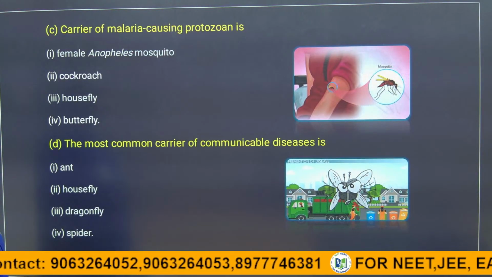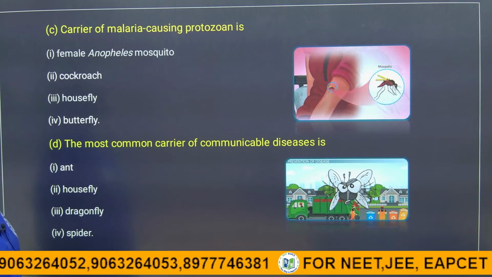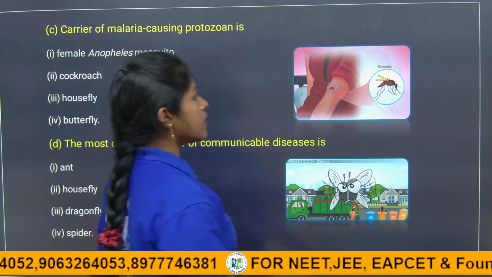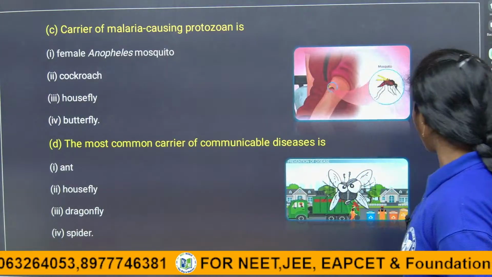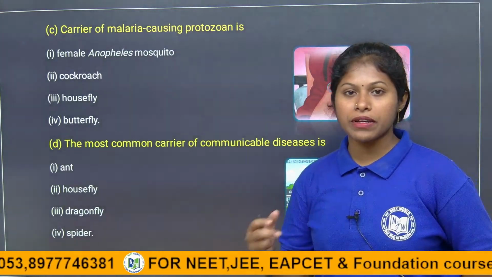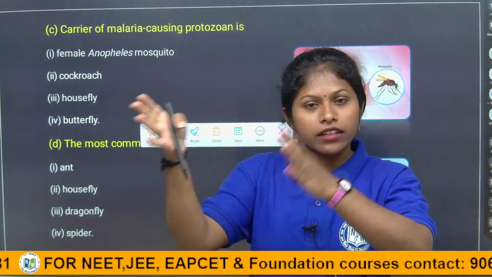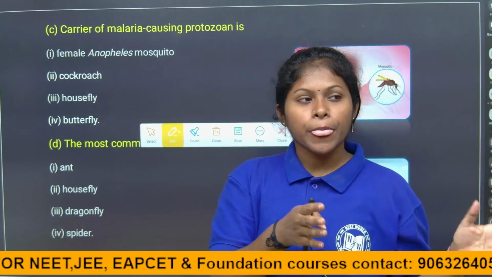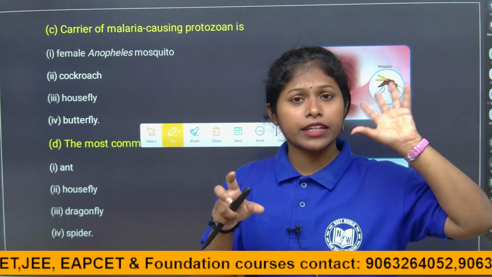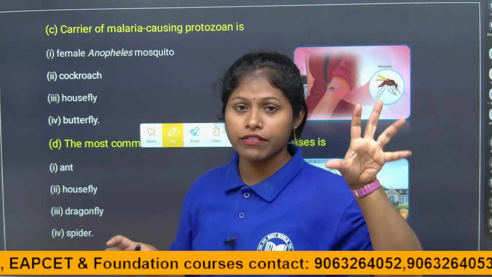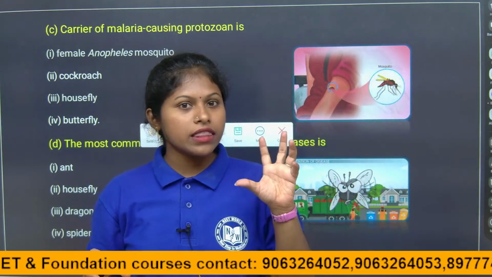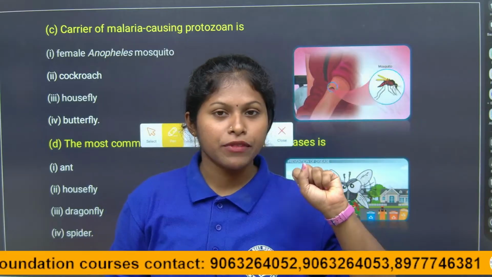Here is the third question, children: the carrier of the malaria-causing protozoa. Is malaria caused by the mosquito, children? No, malaria is not caused by the mosquito. It is a vector. When someone is suffering from malaria and a mosquito bites them, it collects the blood.